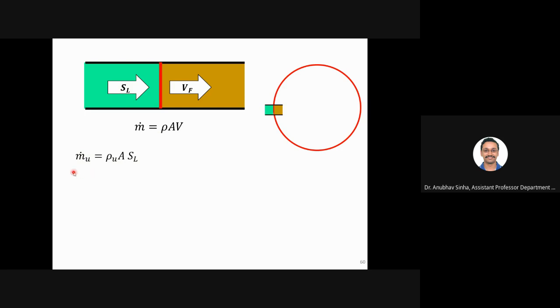So this is m dot for the unburned or fresh mixture, which is approaching the flame, whether in a tube or in a sphere. Now what is leaving? Burned gases are leaving at rho_b, the density of burned gases, the area remains the same, and VF. VF is the velocity of burned gases. So which should be greater, m dot u or m dot b?